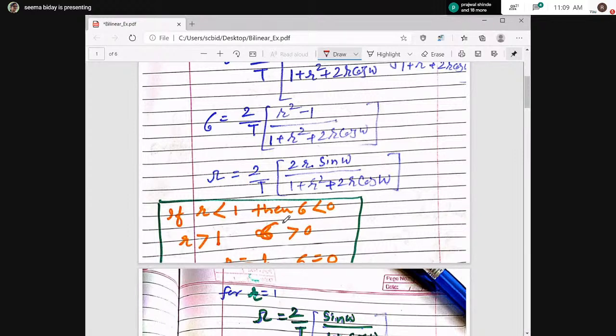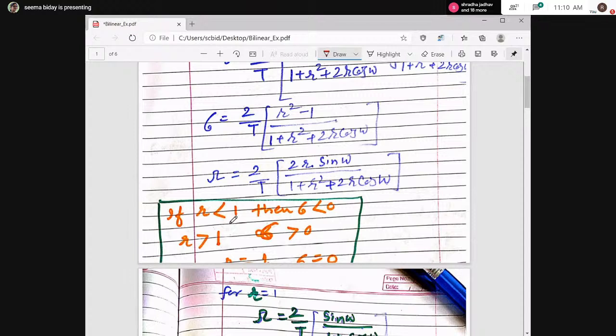This means that sigma less than 0 is mapped into r less than 1, which means the left half of the S plane is mapped into the region of the circle with radius less than 1. What is the condition of this? Yes, this is the condition of stability of the filter.